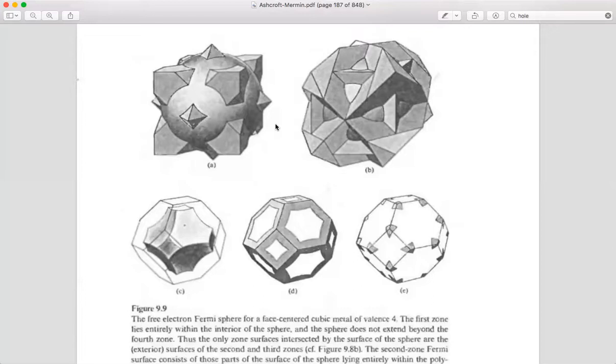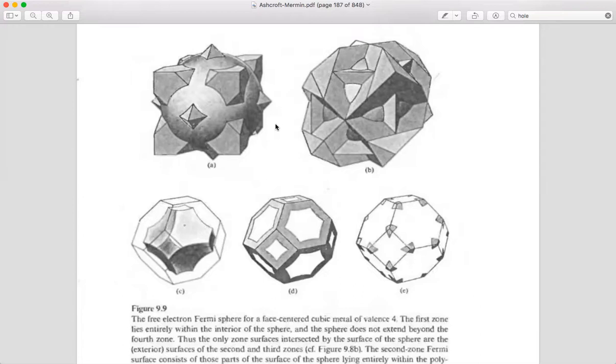Yes, sir. Okay, so 4 atoms. Let's say each atom has 4 valence electrons. So that makes it 16. I have 16 electrons per cube. Knowing the cubic lattice constant A, I know the electron density.